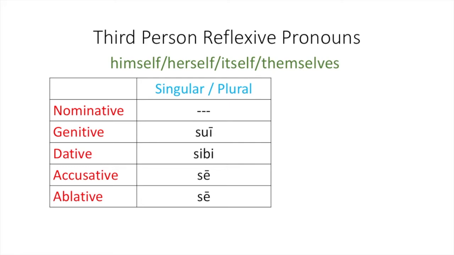So there is no nominative form, but the genitive is sui, dative sibi, accusative se, and ablative se. You'll notice that this is very similar to your singular pronouns, ego, mei, mihi, me, and your second person singular pronoun, tui, tibi, te. So hopefully the forms of this pronoun will be a bit easier to memorize. Before we look at translating it, let's just add in the reflexive possessive adjective.